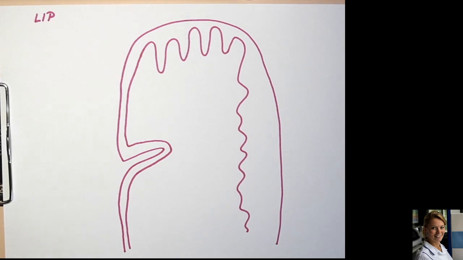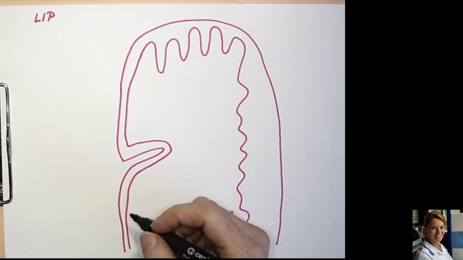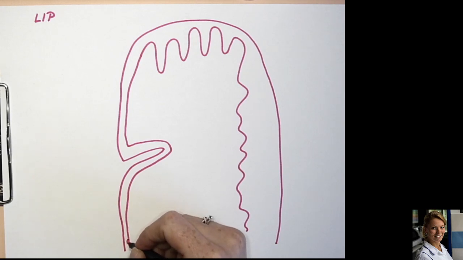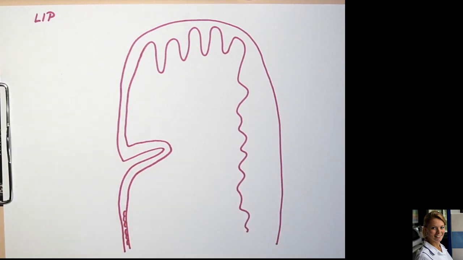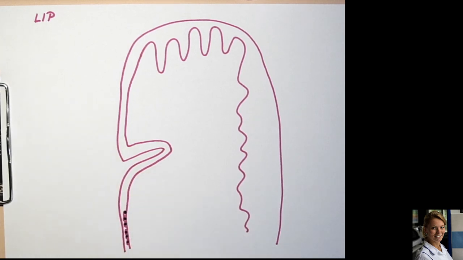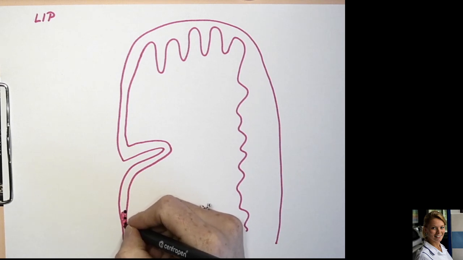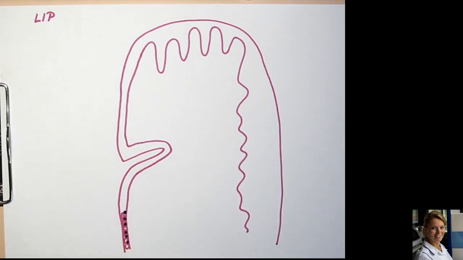The cutaneous part located on the external surface of the lip is lined with epidermis. That means the epithelium is keratinized stratified squamous epithelium. The cells in the basal layer are cuboidal with round nuclei, and the cells become squamous.